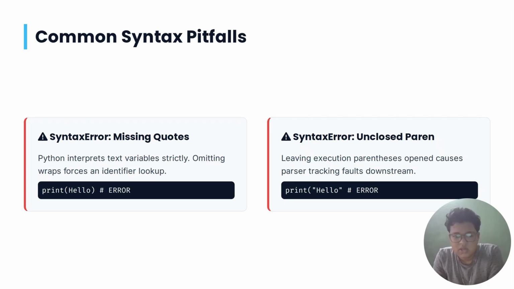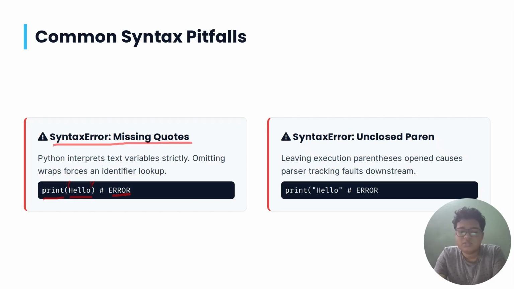Omitting the quotation wraps forces an identifier lookup, such as here. Here we wrote print quit good, then print hello. We have not wrapped hello in quotations, which creates the error. We have to give quotations. Here, this is the syntax error, missing quotes.